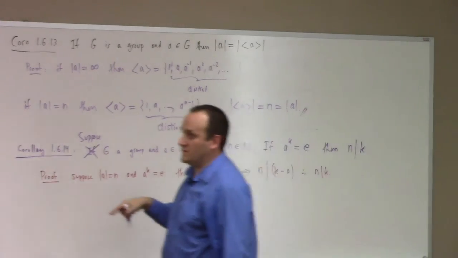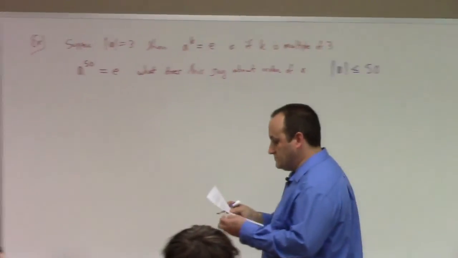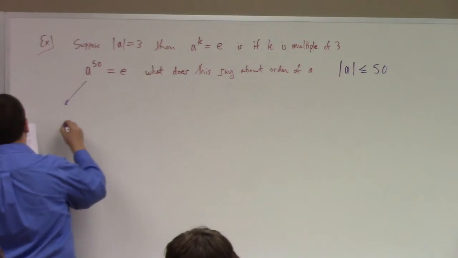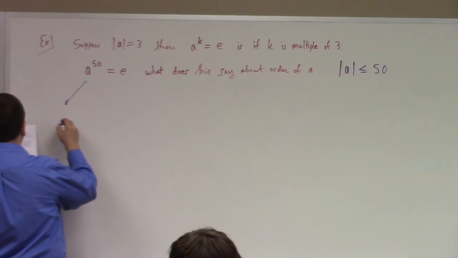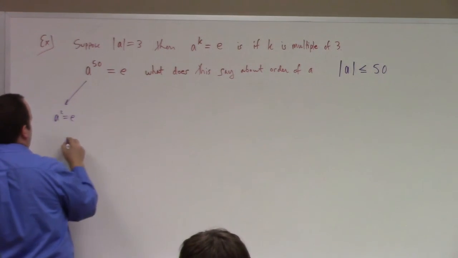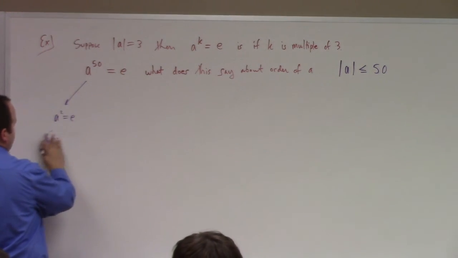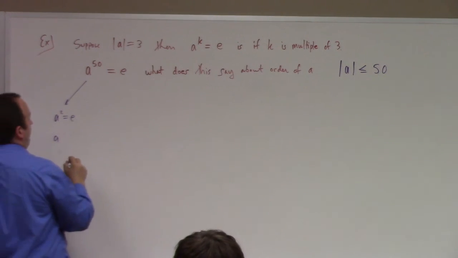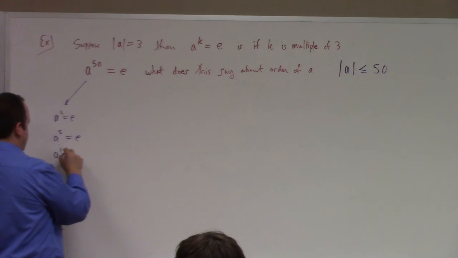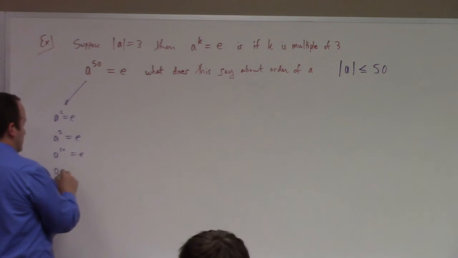The order of a could be 2, because a squared equals e, or 5, or 10, or 25.